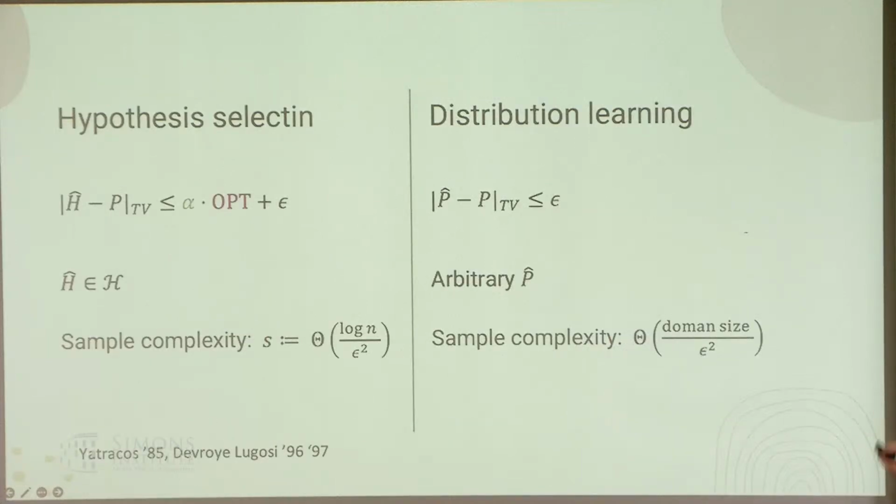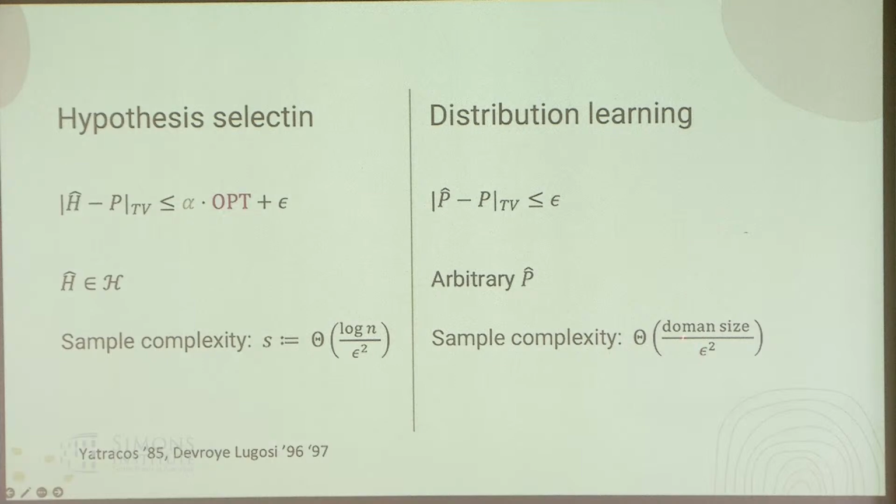So what is the difference between hypothesis selection and standard distribution learning, if you're familiar with this problem? In standard distribution learning, we just output a distribution, and we are hoping that the distance is at most epsilon with high probability. In hypothesis selection, we are in the proper case: we want to output something that is within the class. Generally, this is not true for standard distribution learning. The biggest drawback of standard distribution learning is that the number of samples you need to solve this problem is proportional to the domain size of the distribution.